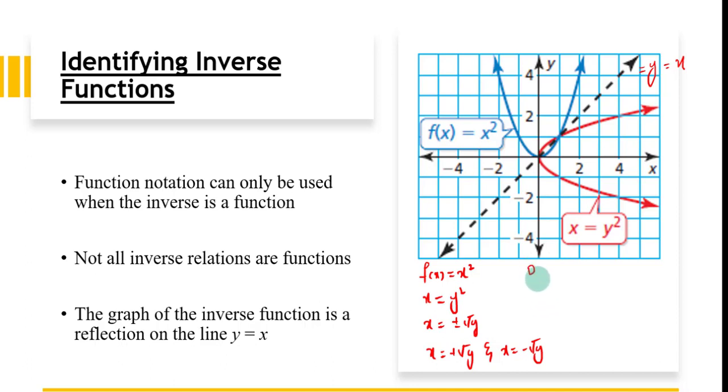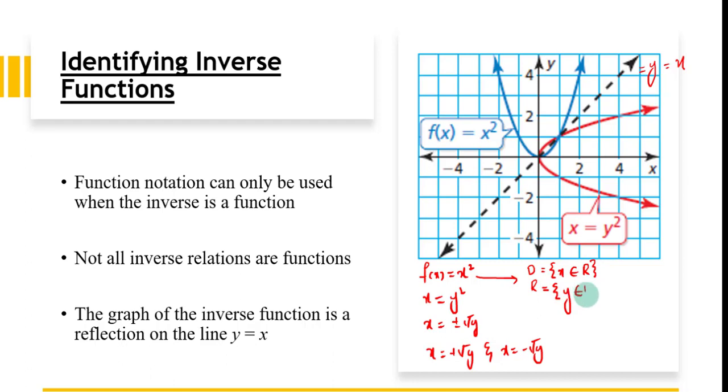What about the domain and the range? If we talk about the domain and the range for our original function, the domain is the set of values it can take without getting undefined. So the domain is all the real numbers. And what about the range?